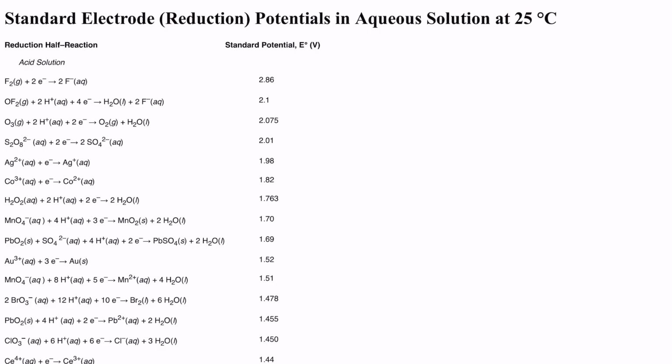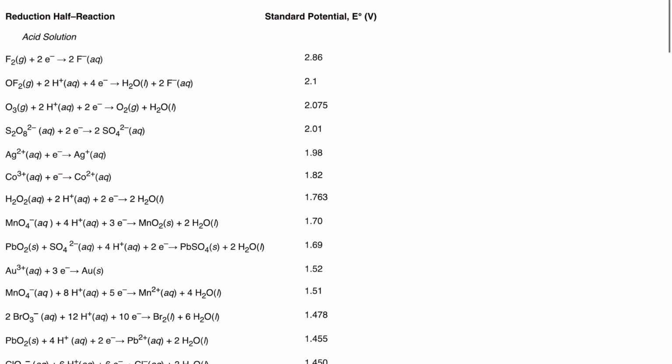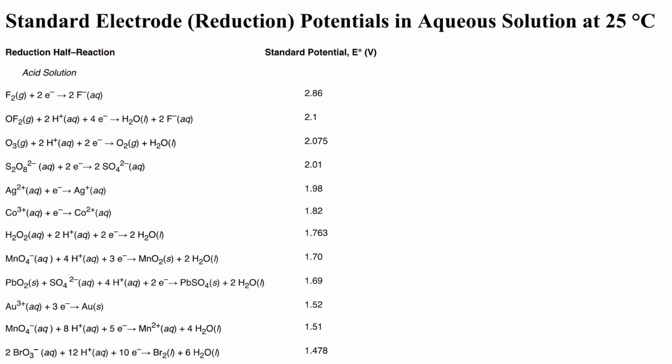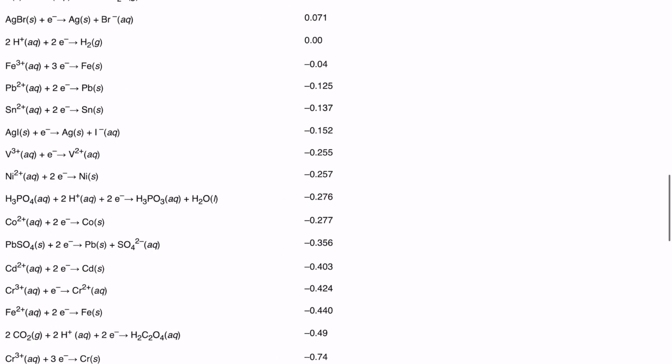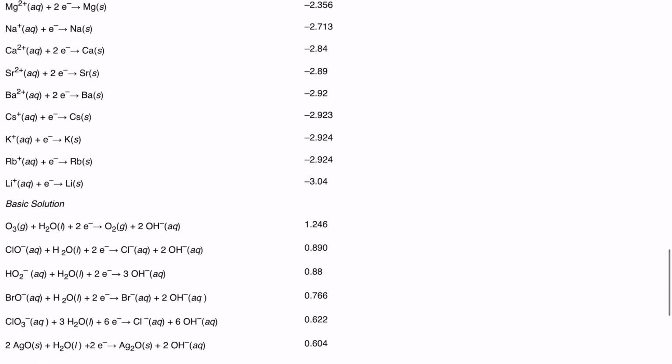So if you click on that link in your lecture notes, you will see that it will take you to this page. And as you can see, what this page is showing you is the half cell potential, again, for reduction. Okay, so keep in mind that this is for reduction reactions, and it goes from very positive on the top all the way to very negative at the bottom, right?